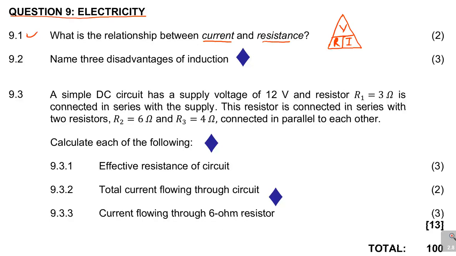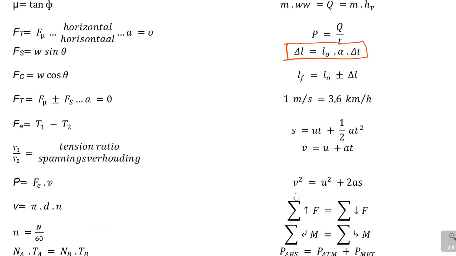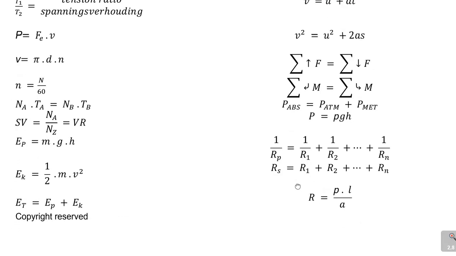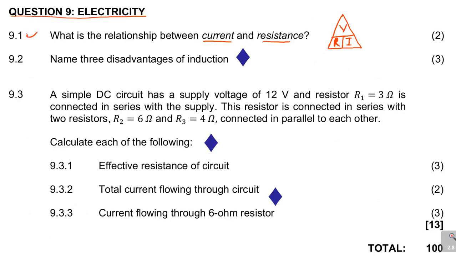You can actually use this formula. If I go to my formulas here, all right, they didn't bring that, the Ohm's law, but if you still remember, the Ohm's law formula is actually this one, which says resistance is equal to voltage over current.